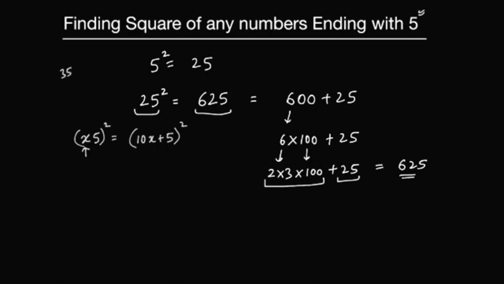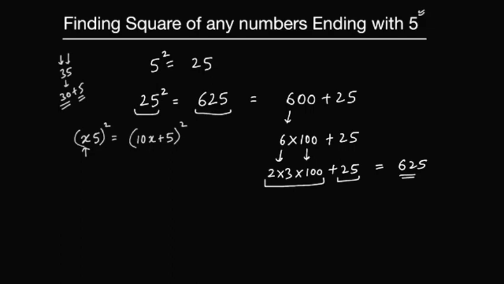Suppose we have to split 35, so we split it into 30 plus 5, right? Why? Since 3 was at the tens place, that's why we multiplied with 10. So it was 30. 5 was at the unit place, so we multiply it by 1. In the same way we have done with x5. Okay, x is any number.